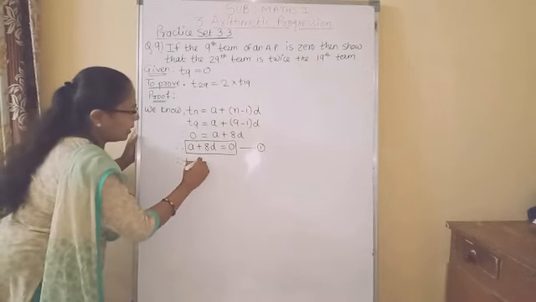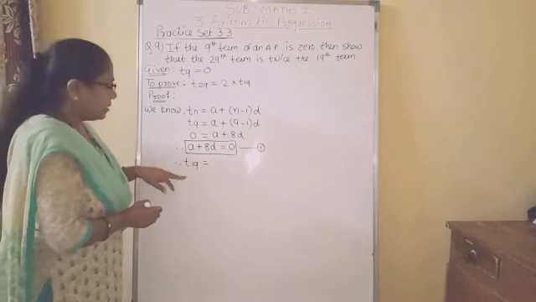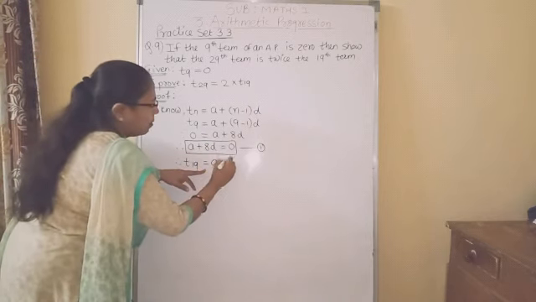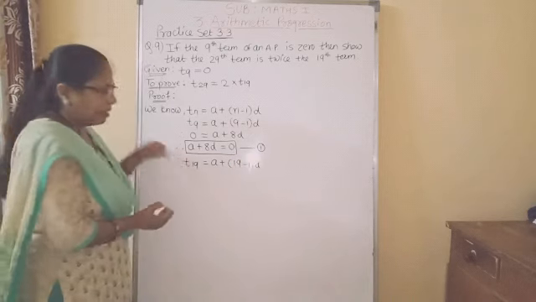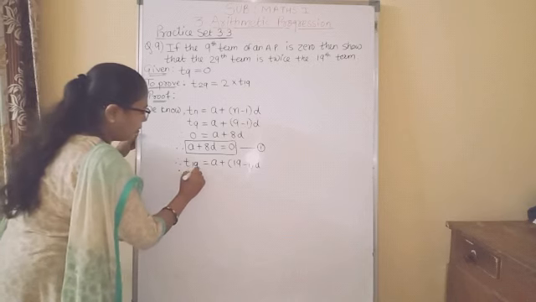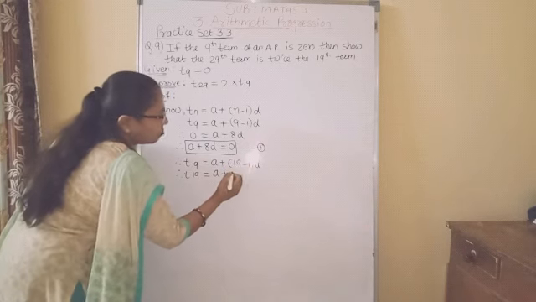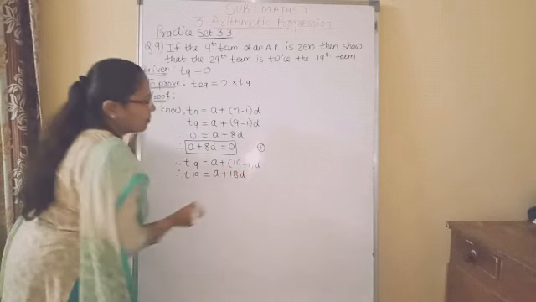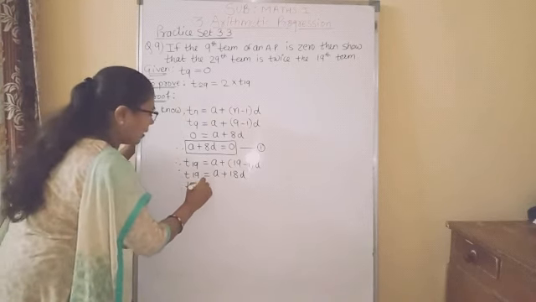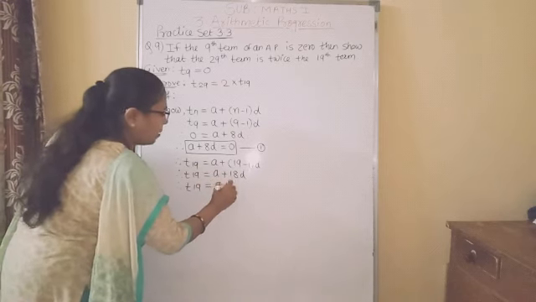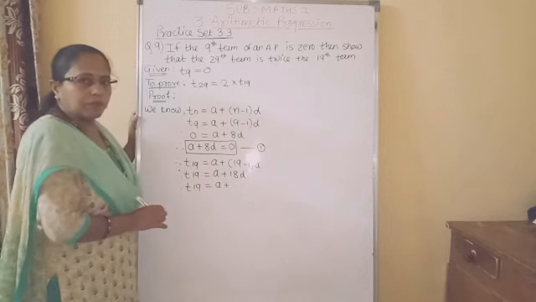Therefore, T19 is equal to, we have to apply the same formula. T19 is equal to A plus bracket 19 minus 1 into D. Therefore, T19 is equal to A plus 19 minus 1, 18D. Okay. Therefore, T19 is equal to A plus, now we will split this 18D in the form of addition of two terms.